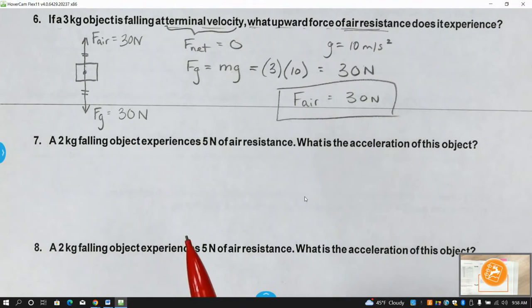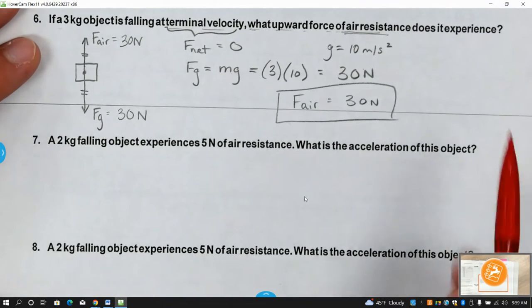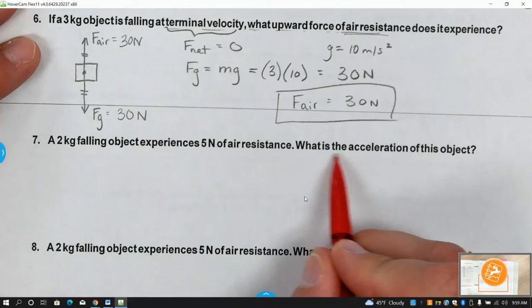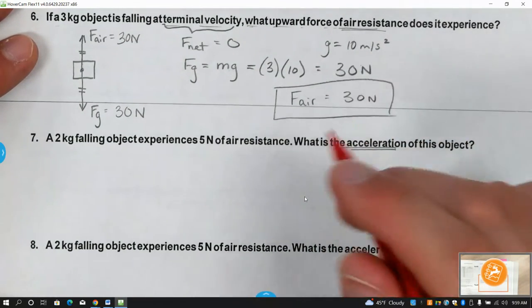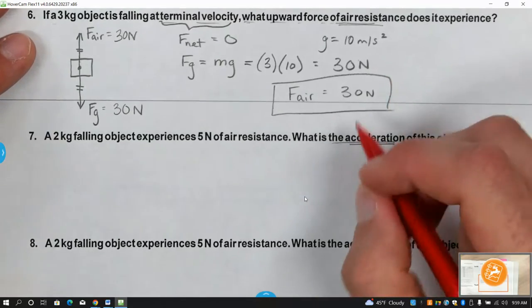So this next problem is similar-ish, but there's one extra kick. Just like we did on our tests on Newton's second law, how do you find the acceleration on an object? You need to know the net force and mass. They want acceleration, and we don't know either of the velocities, so we can't use one of the kinematic equations.